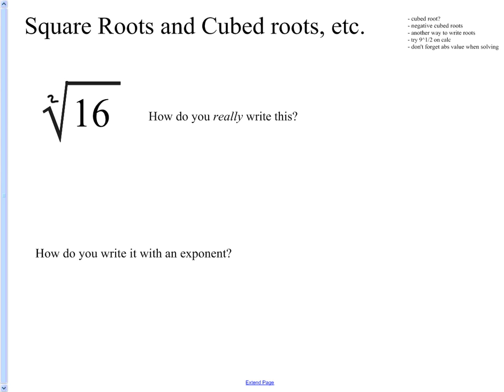But now we need to teach you about other kinds of roots, like cubed roots, which are like this, or fourth roots, which are like that, or the fifth root of 16, which is like that. And you put which root it is right there. So when they were teaching it to you before, there was only one kind of root, so they didn't need to put the 2 there. Okay? So now you know that really square roots are supposed to be written like that. And the square root of 16 is still 4.